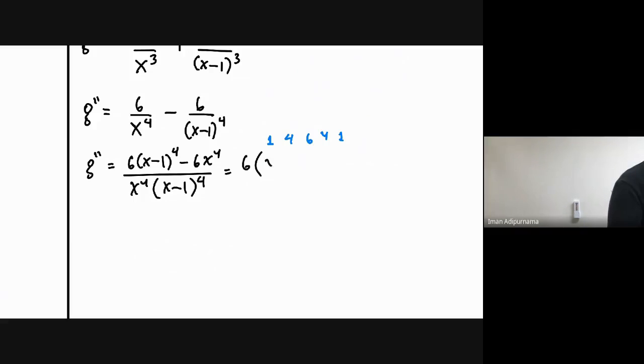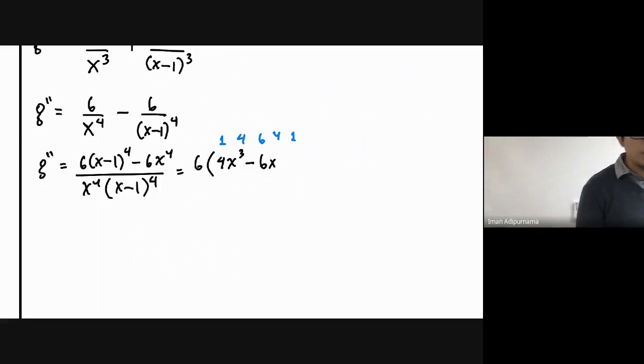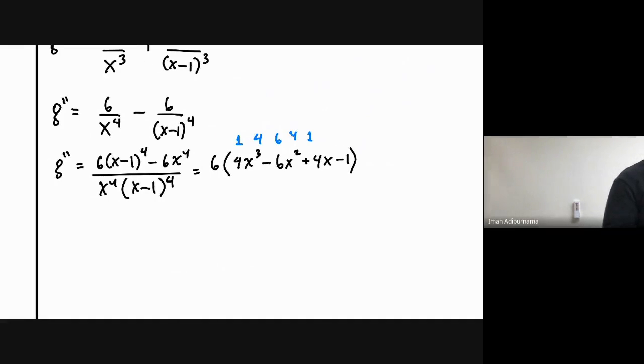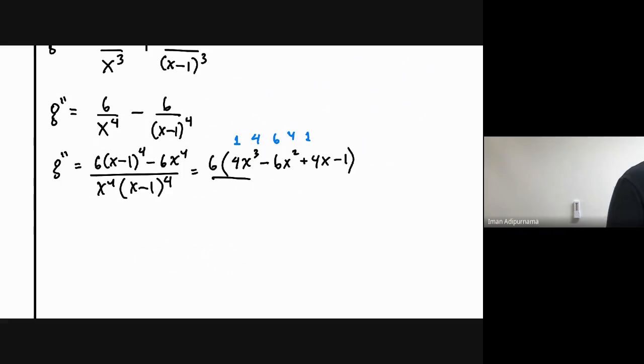So it will render 4x cubed minus 6x squared plus 4x minus 1, divided by x to the 4th, (x minus 1) to the 4.